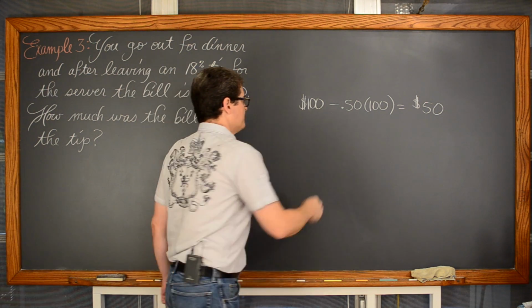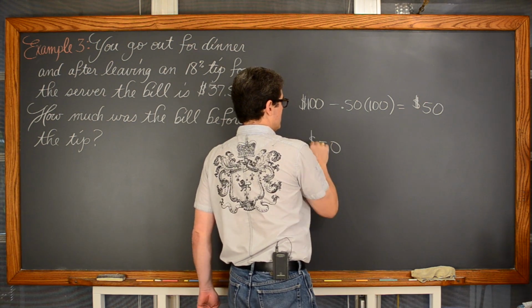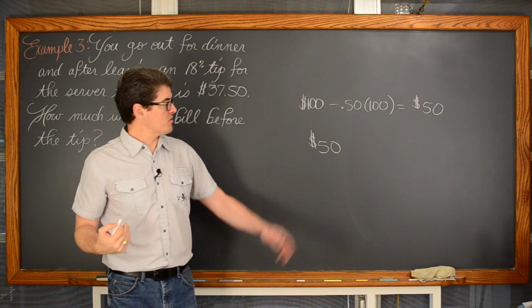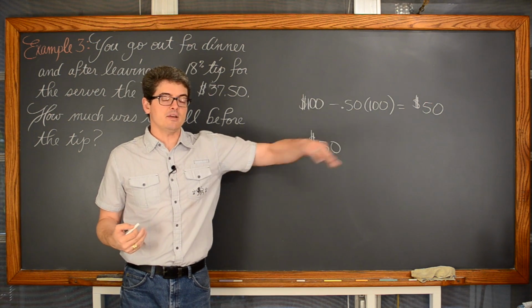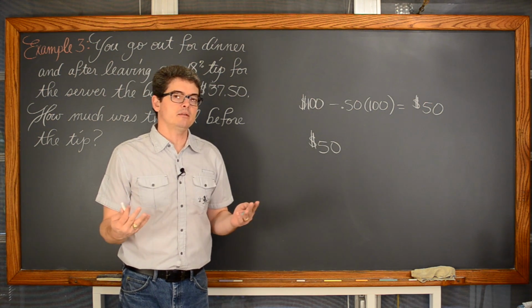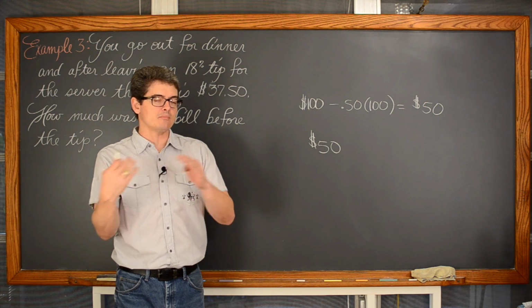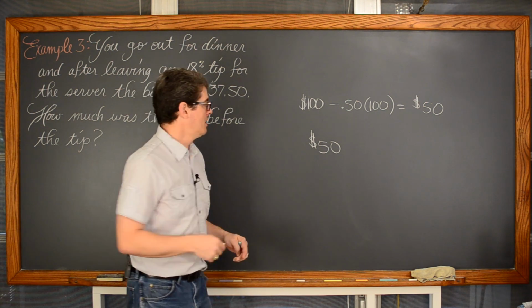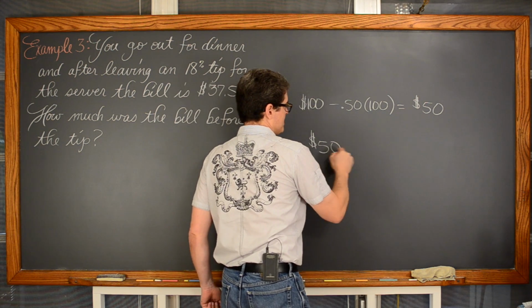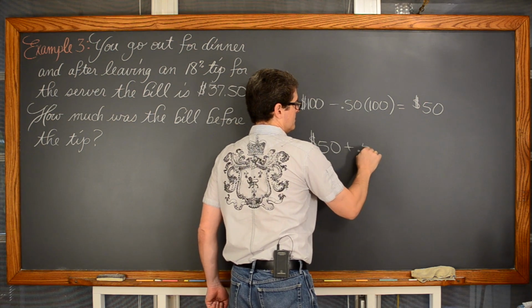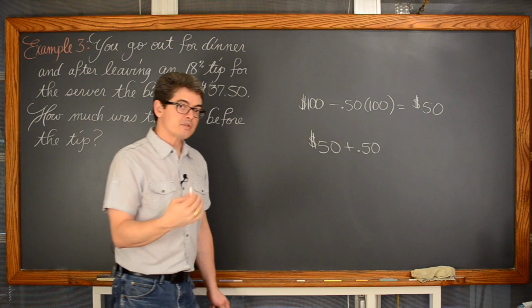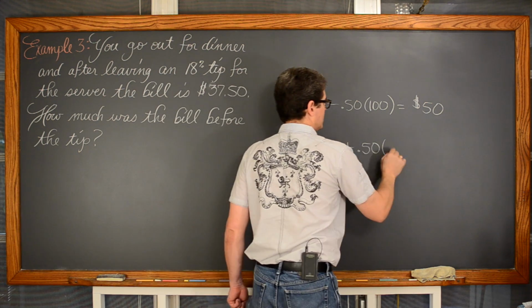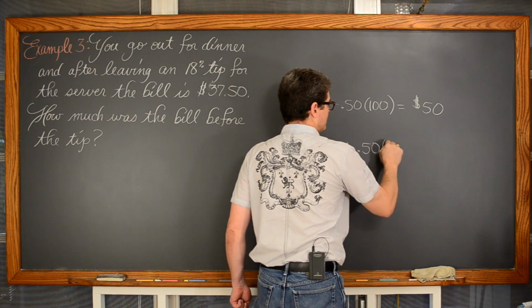Now if I take that 50 and I think, okay, if I mark something down 50% to get to 50, I should be able to mark it up 50% and get back to the original price, because the markdown 50% and the markup 50%, that's the same number. But if I take 50 and add, again, 50% is 0.5, I'm adding 50% of 50.